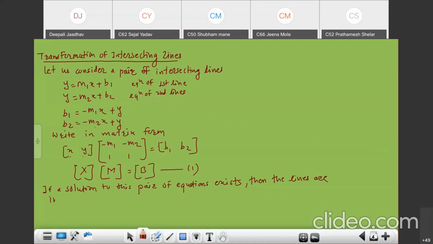We have to prove that these lines intersect. Otherwise, these lines are parallel. If a solution is not there for this pair of equations, then they are parallel. So how do we find the solution of this equation? To find it, we need to obtain the matrix inversion. A solution can be obtained by matrix inversion.